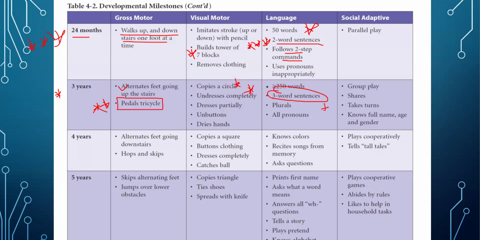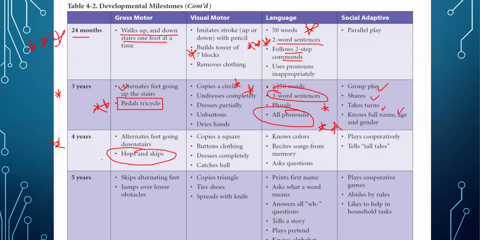This comes in exam, 3-word sentence, and knows all pronouns. So when a child knows all pronouns, 3 years. 3-word sentence, 3 years. And they also know their full name, age, and gender. They do the group play, share, and take turns.